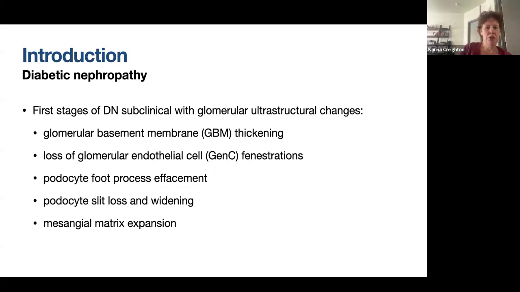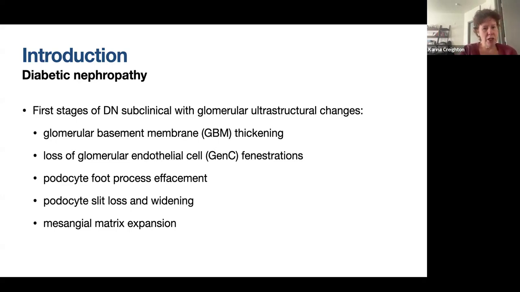As I mentioned, the first 2 stages of diabetic nephropathy are subclinical and are typically characterized by ultrastructural glomerular changes. The classic change is thickening of the basement membrane, which is the hallmark of diabetic nephropathy.